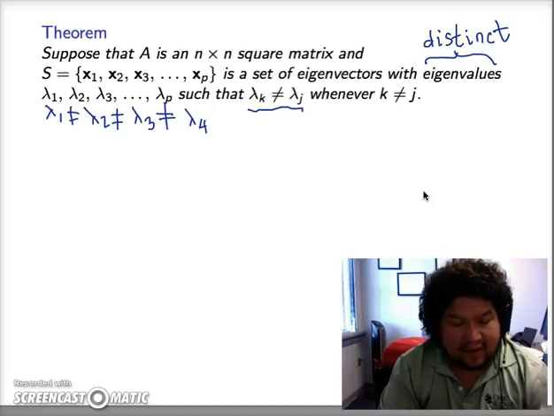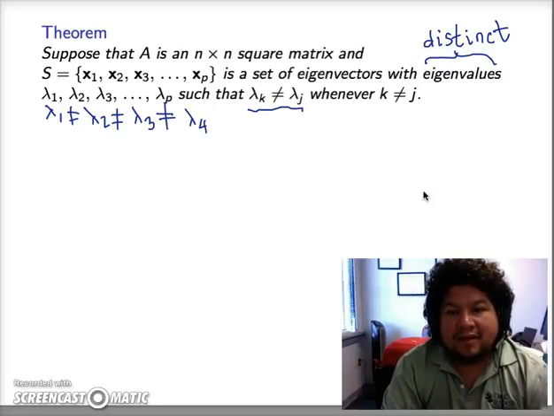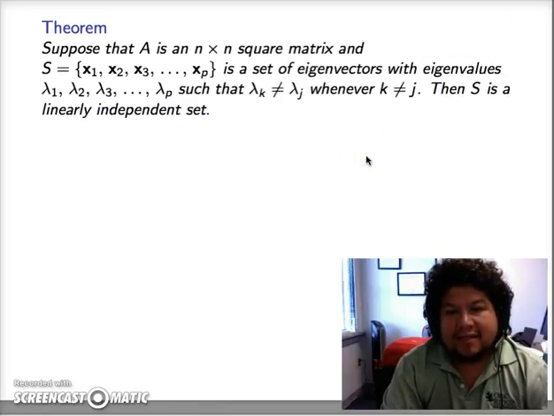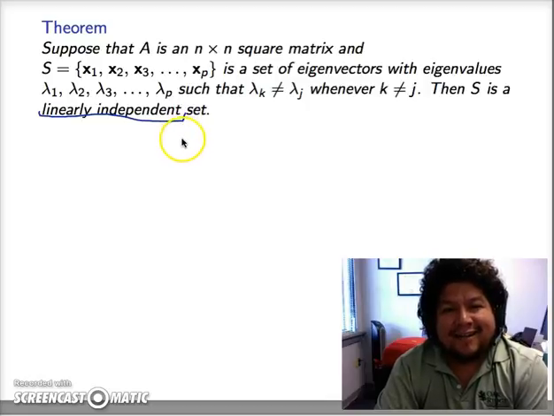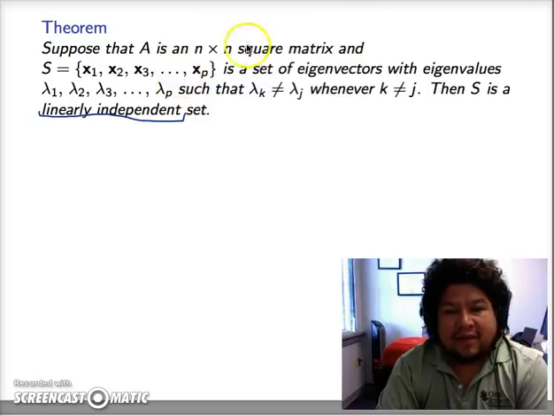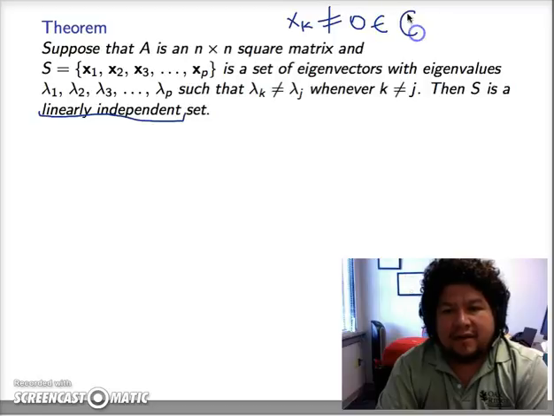And then the important thing of this theorem is that it tells us that the eigenvectors are linearly independent. Okay, they are linearly independent. This is a big deal. This set of eigenvectors is linearly independent. Also, what is being assumed here with this notation is that any vector x_k is not the zero vector in Cn.